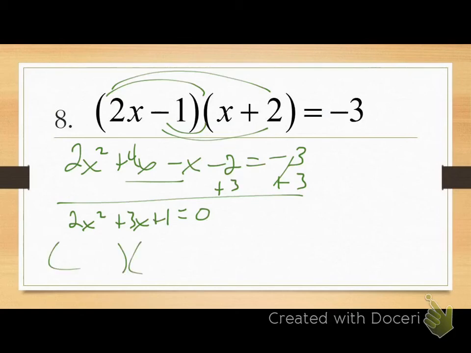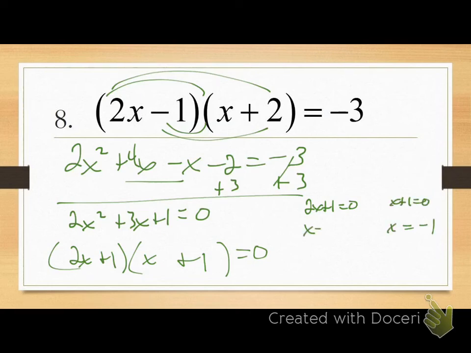So now we go factor. And it factors into 2x plus 1 and x plus 1. And then we set our factors equal to 0. Get negative 1 and negative 1/2. And there are our 2 solutions. If we were to graph that quadratic function, it would cross the x-axis at negative 1 and negative 1/2.